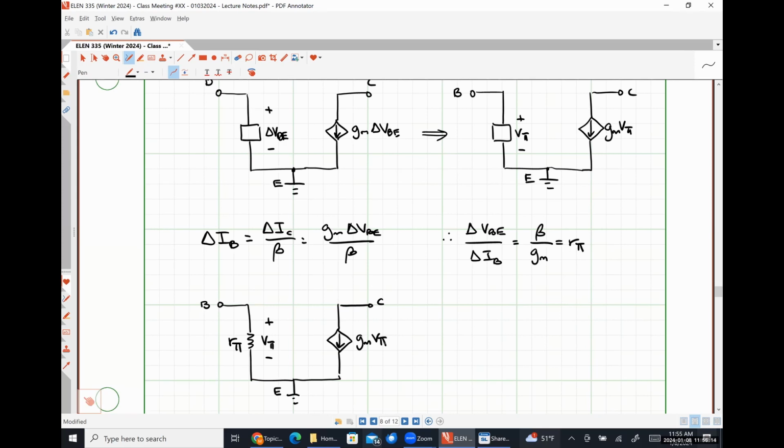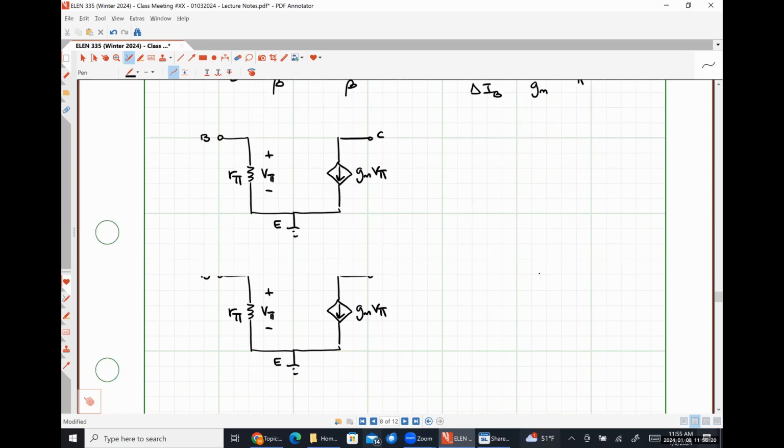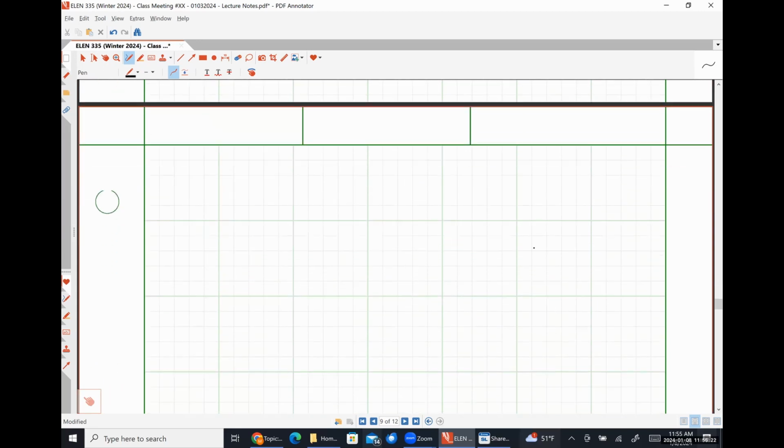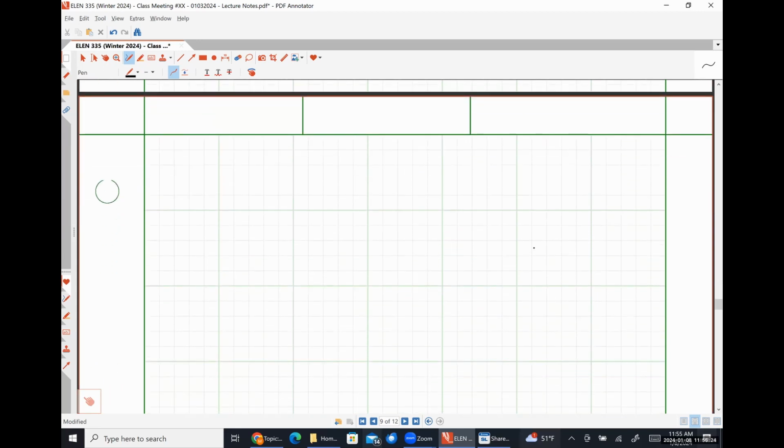All right, so let's work an example here, where we have a fairly simple circuit. So I have a positive 2-volt supply voltage, a 100 ohm resistor.